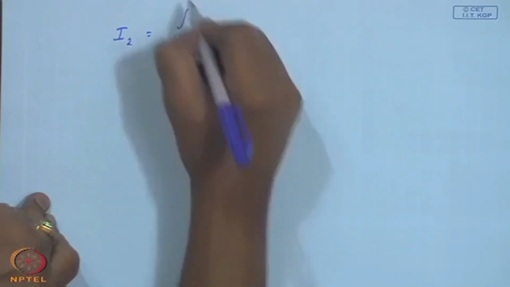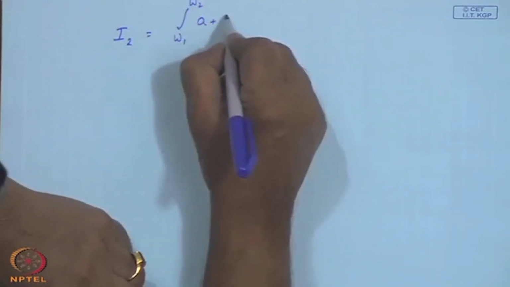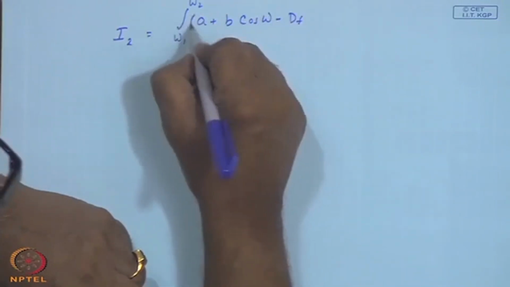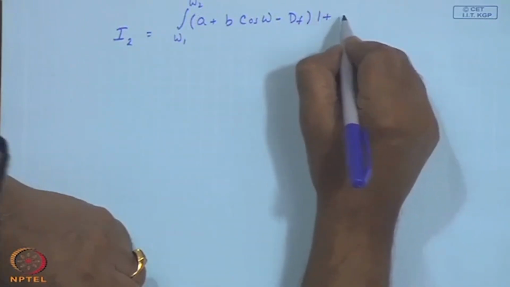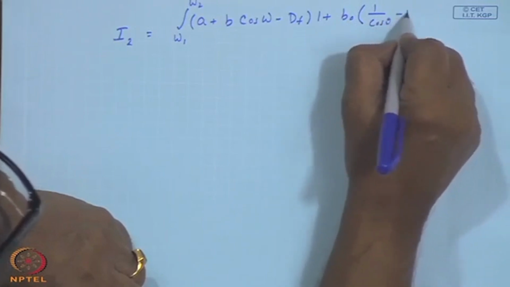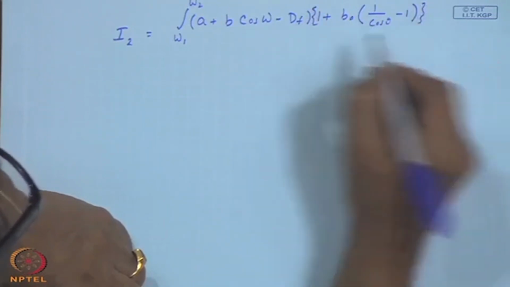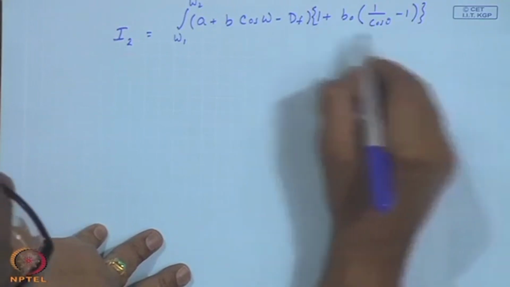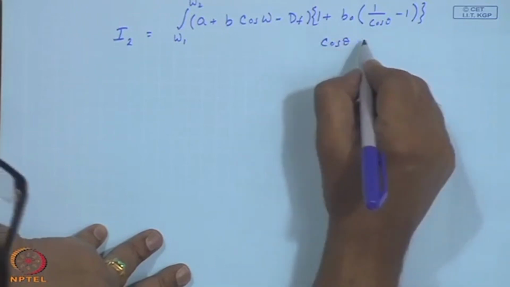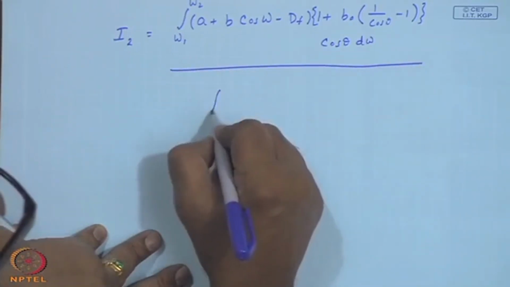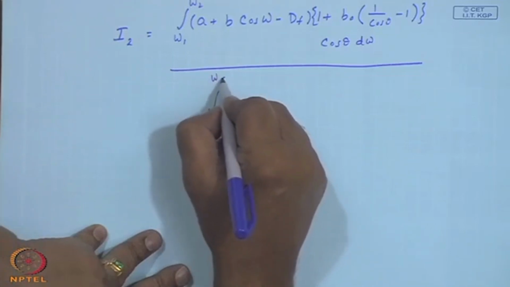Similarly, I 2, now omega 1 to omega 2, where your theta is less than pi by 3, upon omega s r to omega s s.